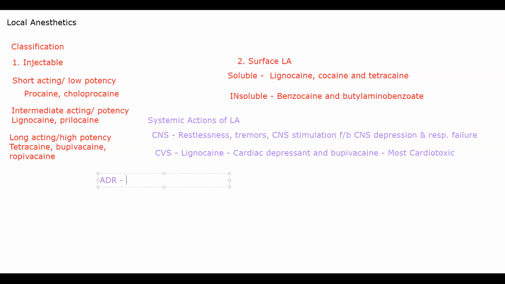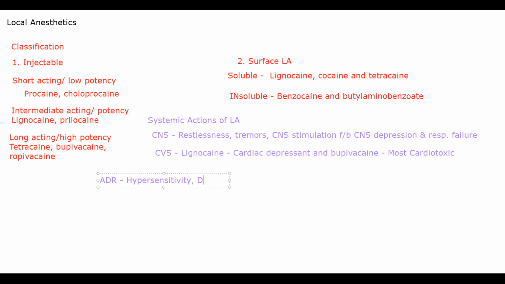This can be dealt with by simply keeping adrenaline nearby. If there is a hypersensitive reaction, you can immediately administer adrenaline.